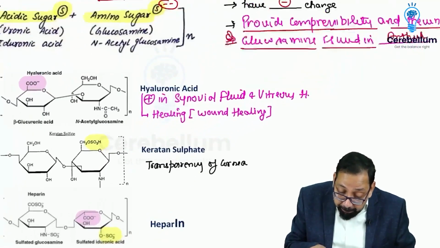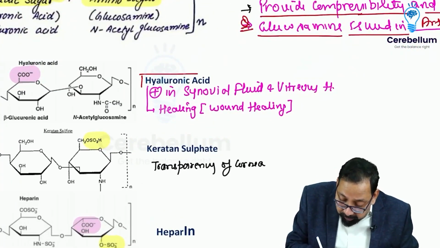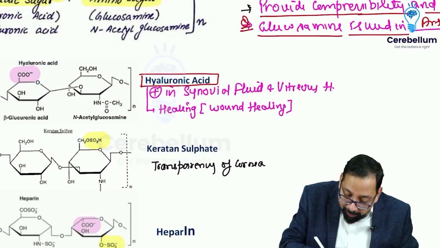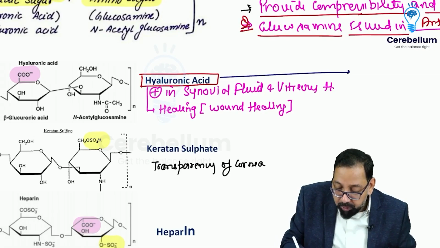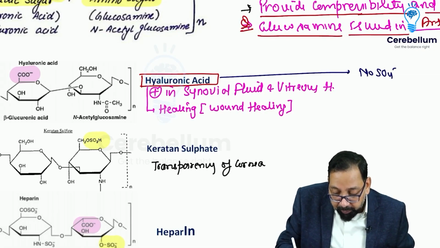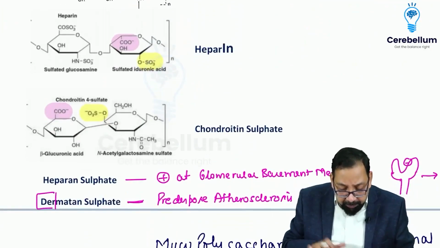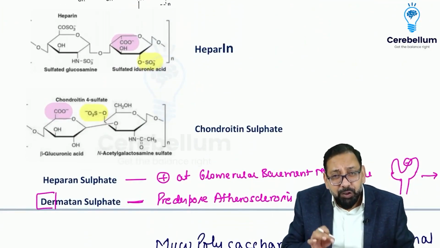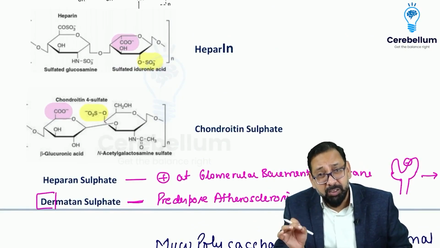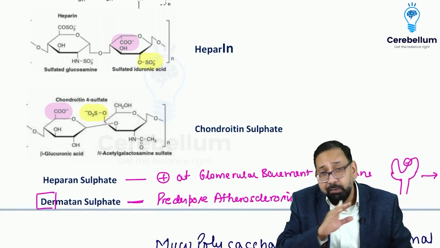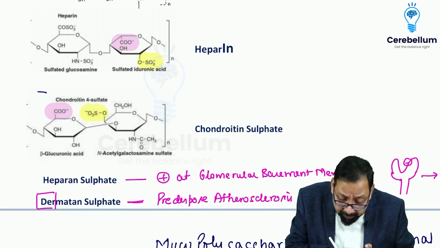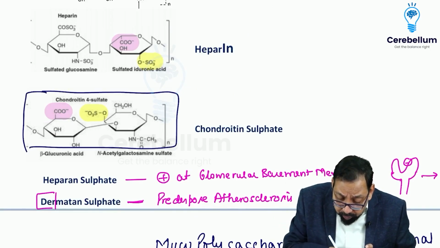Mucopolysaccharides, example hyaluronic acid. A single-liner question: in hyaluronic acid, there is no sulfate. Question is given that they will show you an image and ask which glycosaminoglycan this is. And you know in hyaluronic acid sulfate is not there. So if an image is given, you will search for sulfate.